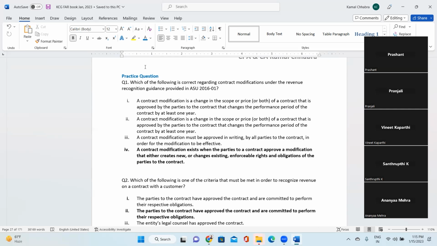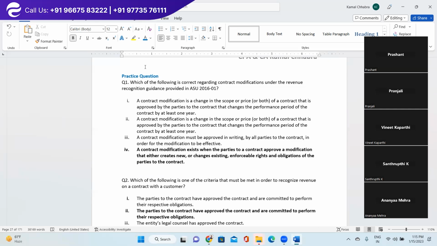Contract modification, right? So first option is, a contract modification is a change in scope or price or both of a contract that is approved by the parties to the contract that change the performance period of the contract by at least 1 year.